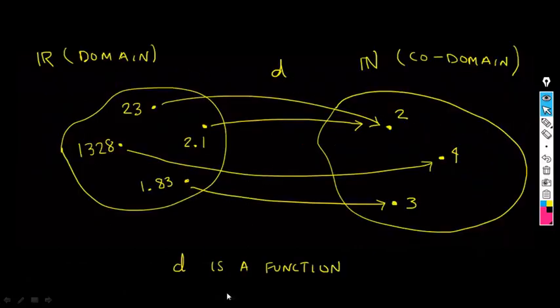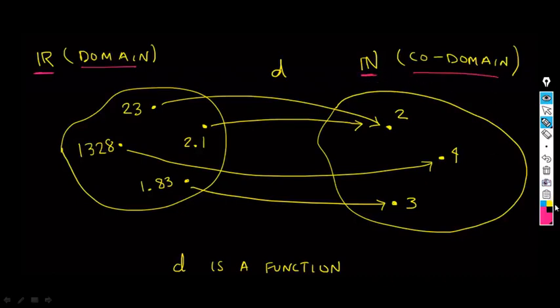Look, in here, D is a function that is taking elements of the set of real numbers, and that's the domain, this set, and it's taking them to the set of the natural numbers, the codomain.